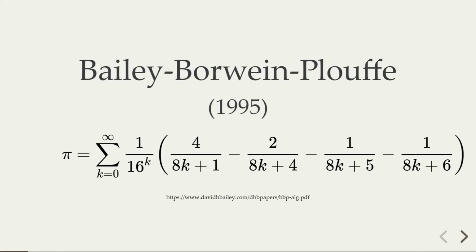And there are some others that are more refined than this one, but you'll notice the powers of 16 in here. And so what's neat about this one is that it lets you jump ahead and find individual hex digits of pi. And so you can fairly readily jump to an arbitrary position within pi.